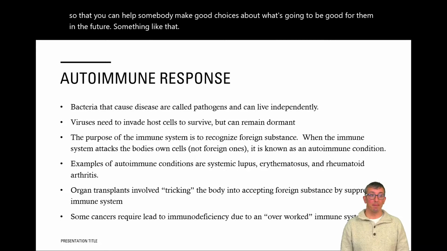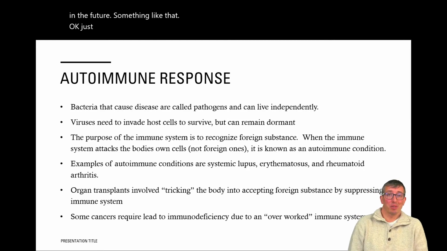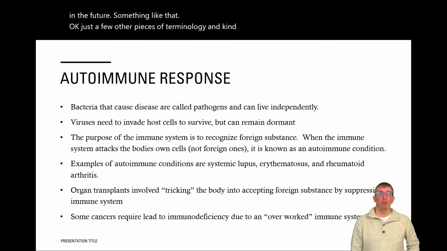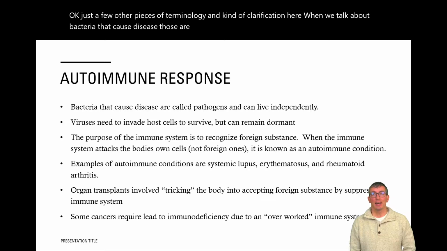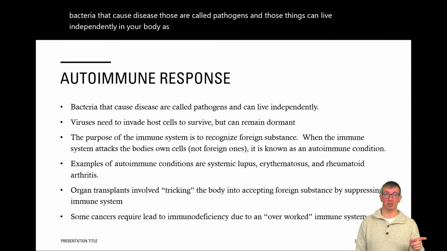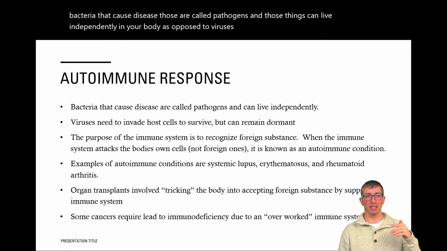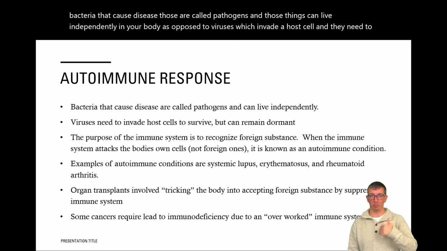Okay, just a few other pieces of terminology and clarification here. When we talk about bacteria that cause disease, those are called pathogens, and they can live independently in your body, as opposed to viruses, which invade a host cell to survive. However, they can remain dormant in your body.